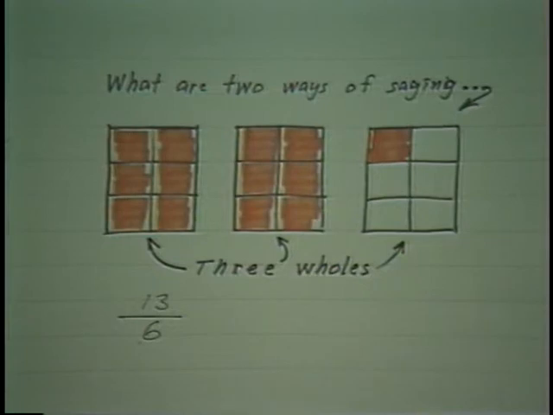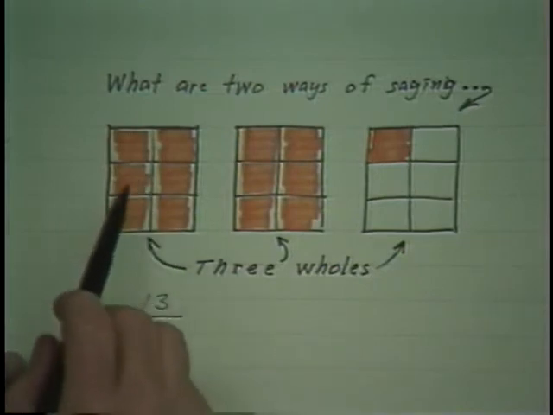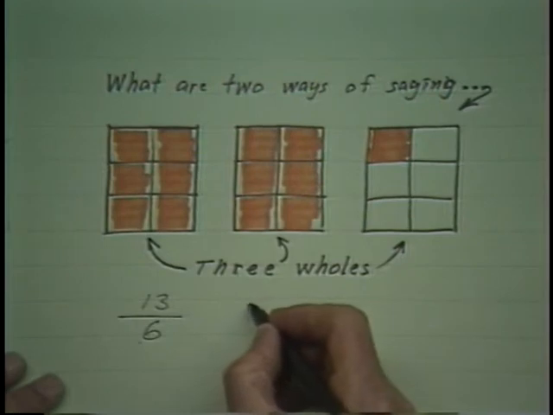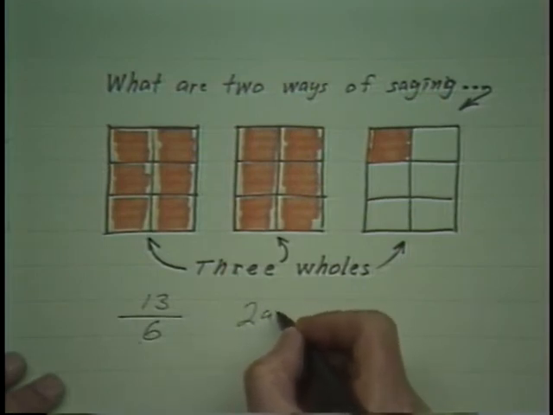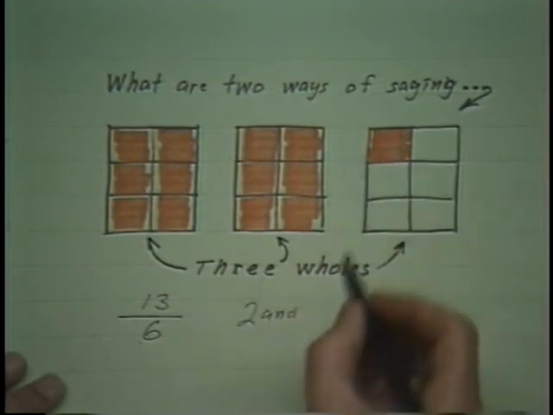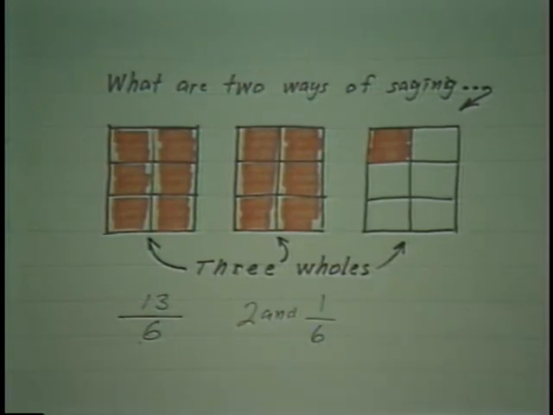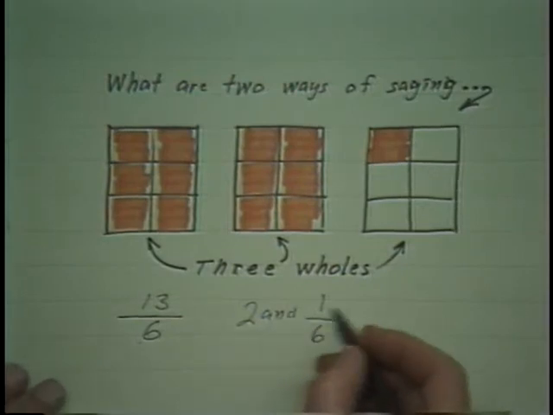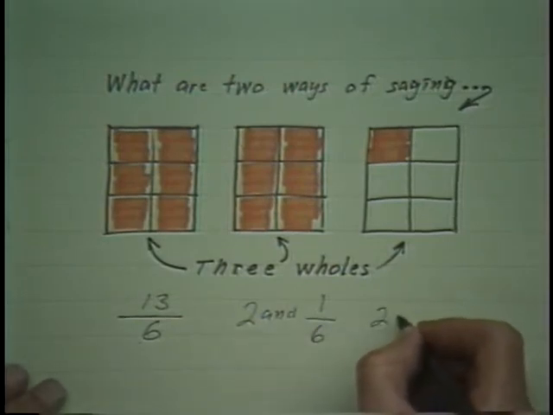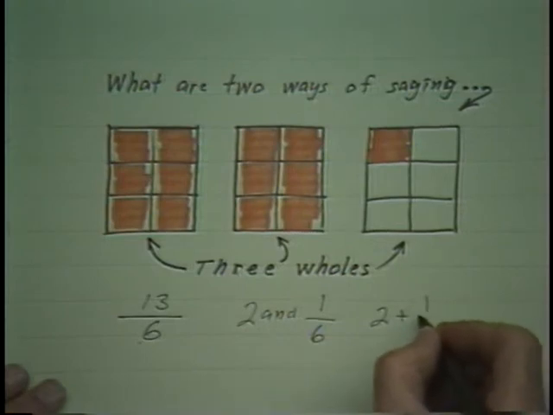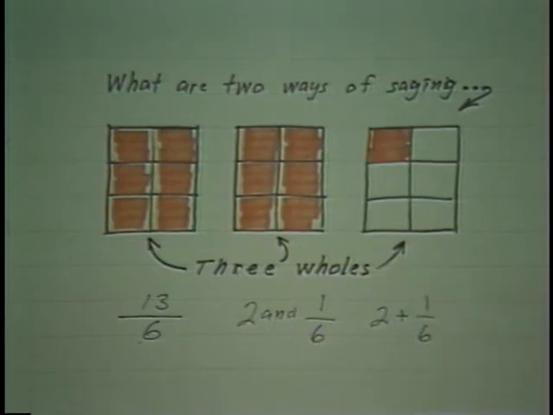But one could just as well have said, I have 2 wholes and 1 out of 6 parts of the third. Instead of using the word and, we could have used 2 plus 1/6.